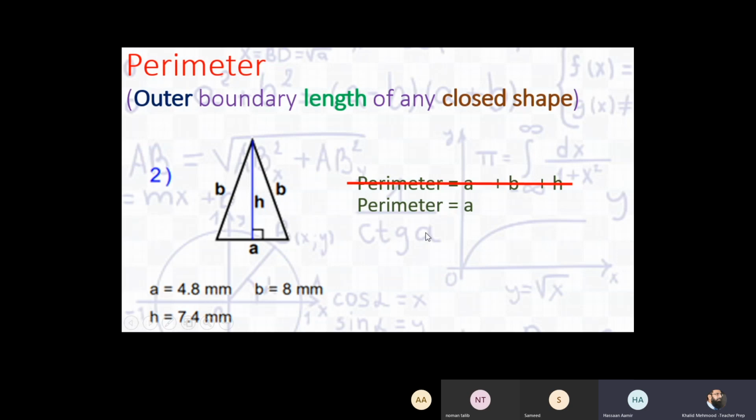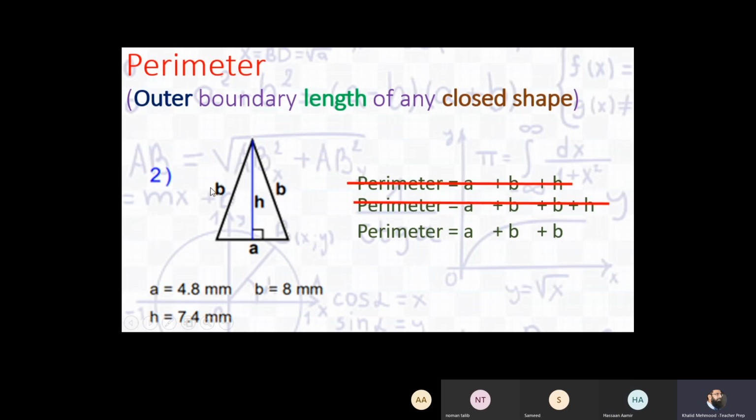Similarly, if someone writes A plus B plus B plus H, this is also wrong because we are including all sides, including the internal one. So the interior is not included in the perimeter. The only perimeter is the outer sides, which is A plus B plus B, the third side.